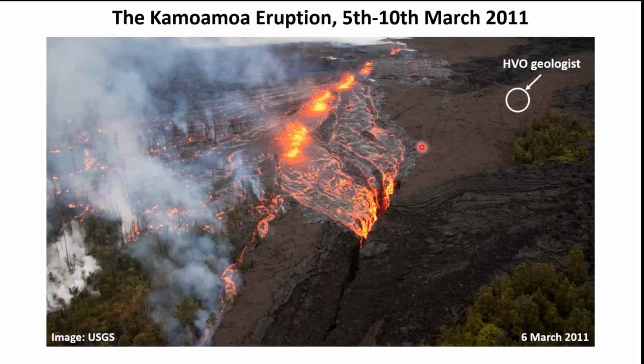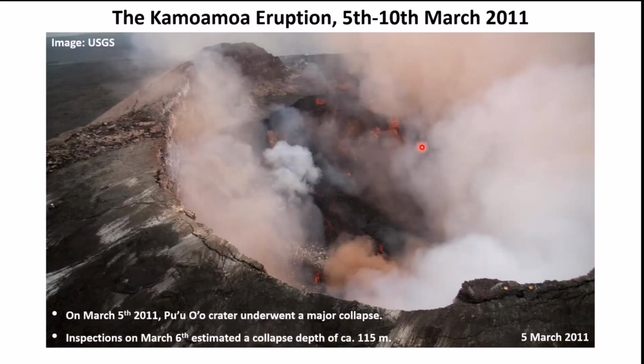Just to show you another image, with a pretty brave geologist for scale. This is the fissure eruption, and that was going on for a while until the caldera collapsed. Geologically speaking, that was a super fast event, with 115 meters of subsidence.